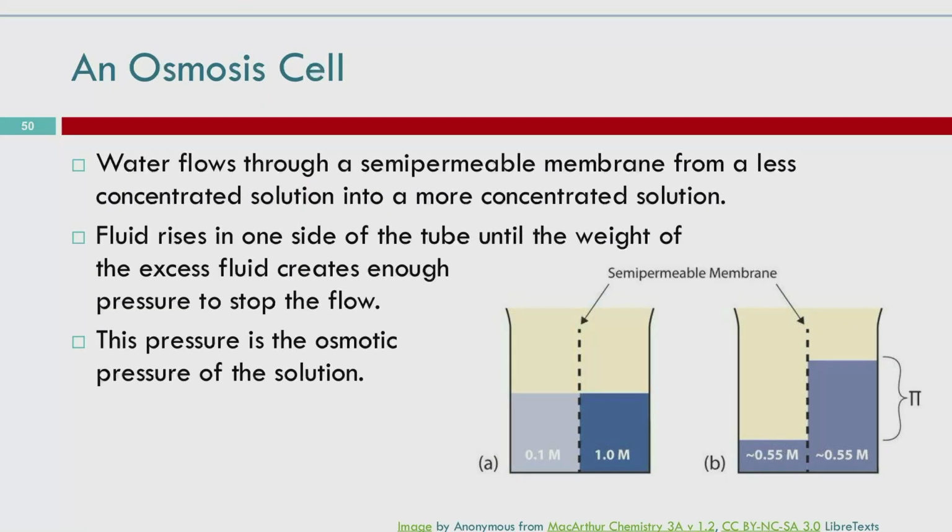Water can go through semi-permeable membranes. We have them in our body. It's going to flow from less concentrated to more concentrated. So we've got an example of an initial state that's 0.1 molar and 1 molar solutions. The water is going to flow from this 0.1 molar side to the 1 molar side until the solutions are equal in size. The probable actual mechanistic reason for why this happens is there's ion-dipole interactions.